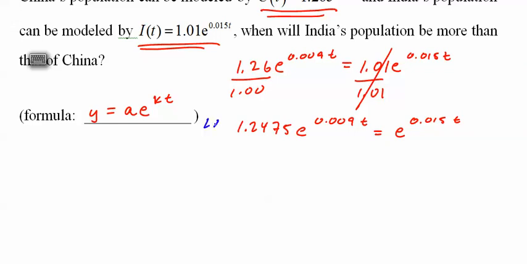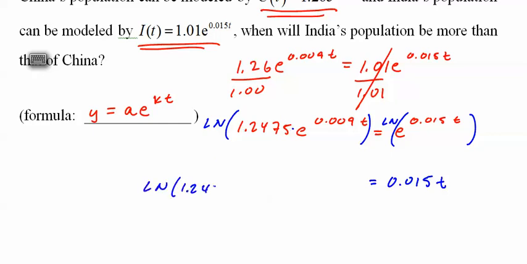Well, remember something we did once. Two things are being multiplied inside, we can add the exponents. 1.2475 times e to the 0.015t equals e to the 0.009t. They cancel.